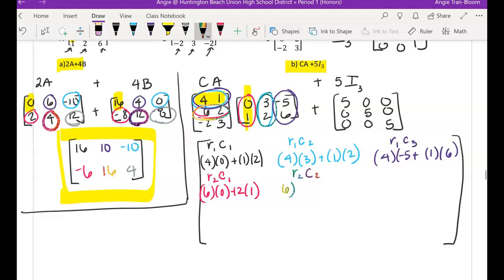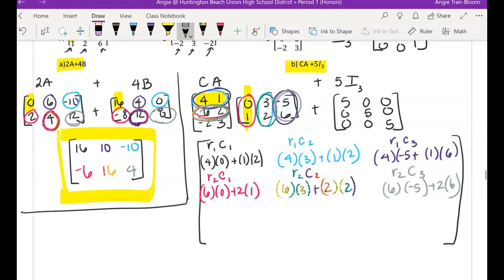So 6 times 3 plus 2 times 2. Then we are going to do row 2, column 3, again back to row 2. This is my last column. So 6 times negative 5 plus 2 times 6. We have to do this every time we multiply two matrices. We're going to do one entry at a time.